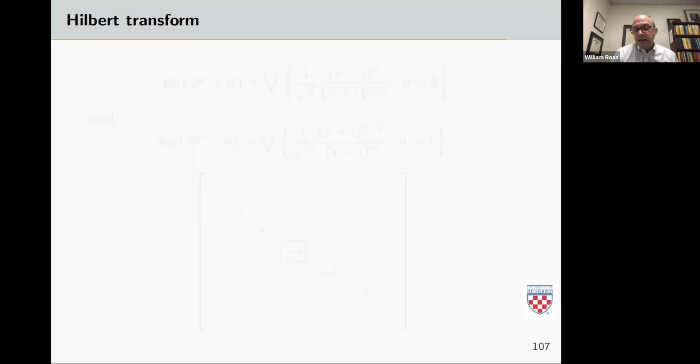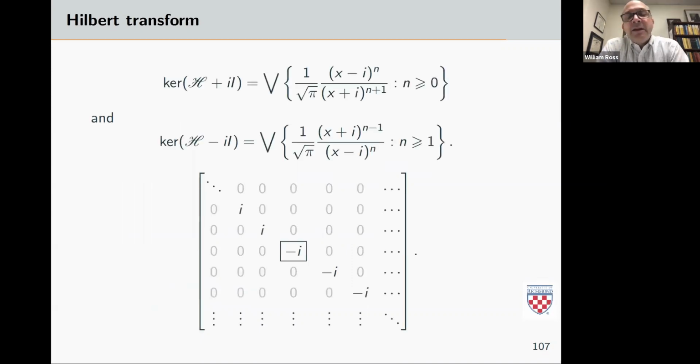Again, one last stab at matrices. I can identify the eigenspaces for the eigenvalues minus i at the top and i at the bottom here. You can do it by hand; it's an integral. You can actually show that these two things together form an orthonormal basis for L2.